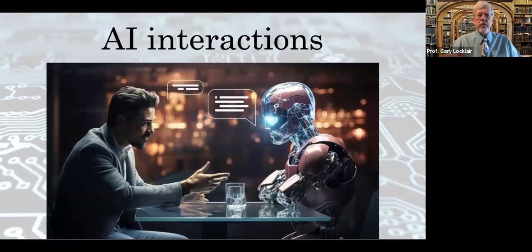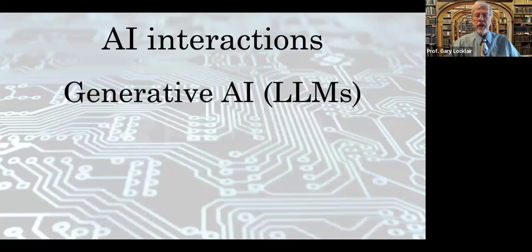In this series, we've been talking about artificial intelligence, and I've been trying to point out that artificial intelligence is many different things. Of course, in the news, it's large language models, LLMs, and generative AI, such as chatbots, which dominate the current discussion of AI.